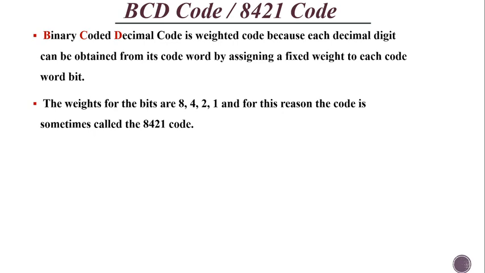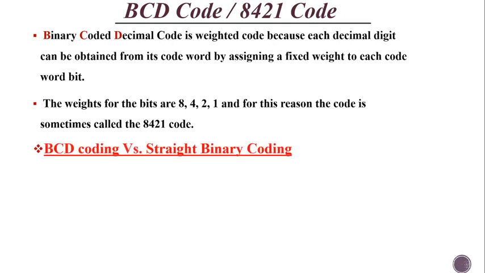So the weights for these 4 bits are fixed, that is 8421, or starting from LSB, 1248. So we can represent this weight as 2 raised to 0, 2 raised to 1, 2 raised to 2 and 2 raised to 3. And for this reason, the code is sometimes called the 8421 code.